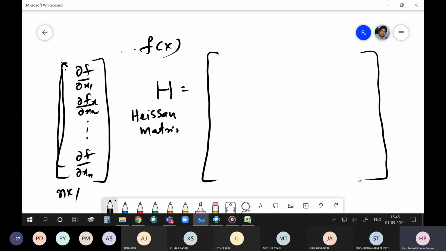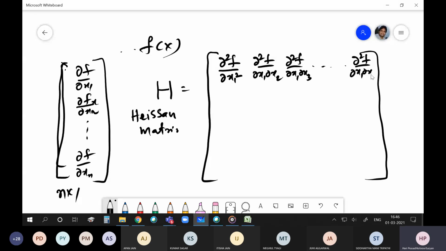So what will be the composition of this Hessian matrix? I have to differentiate this function. This will be like this: dou square f by dou x1 square, dou square f by dou x1 dou x2, dou square f by dou x1 dou x3, and so on, dou square f by dou x1 dou xn.